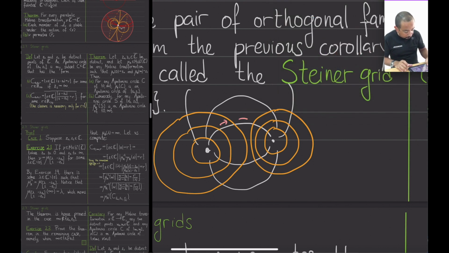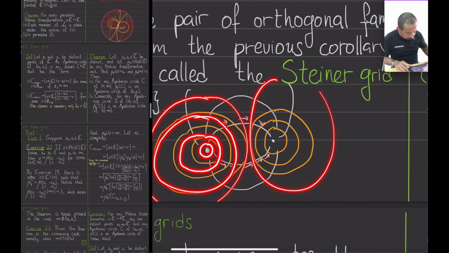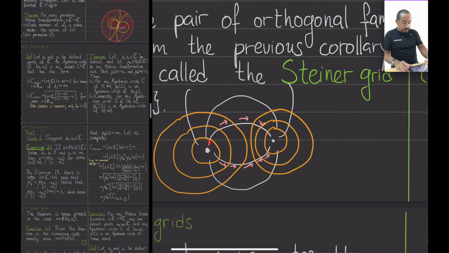With this direction that I chose for my picture, these Apollonius circles would be mapped to bigger ones, and then they would all approach like here, and the flow would be along this.